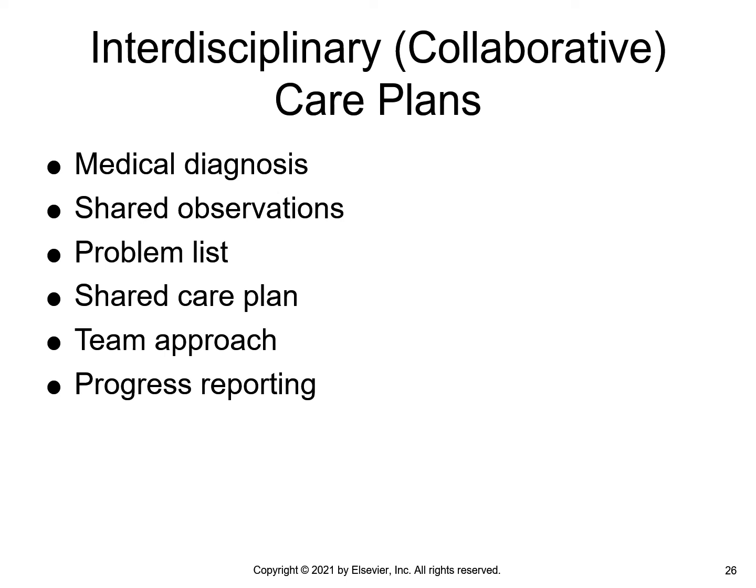The statement, the patient's admission problem is considered. Priority is always given to life-sustaining or physiologic needs, so thinking ABC or Maslow's hierarchy. A shared care plan across all of the disciplines will be created.